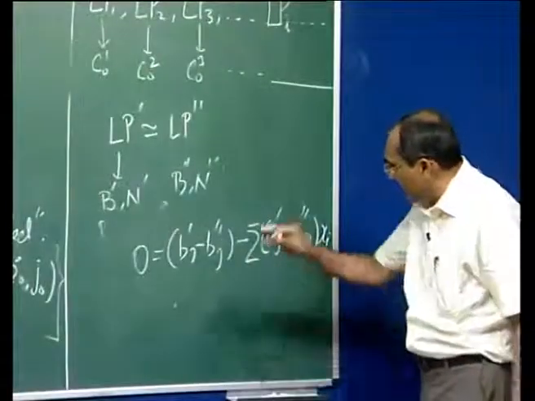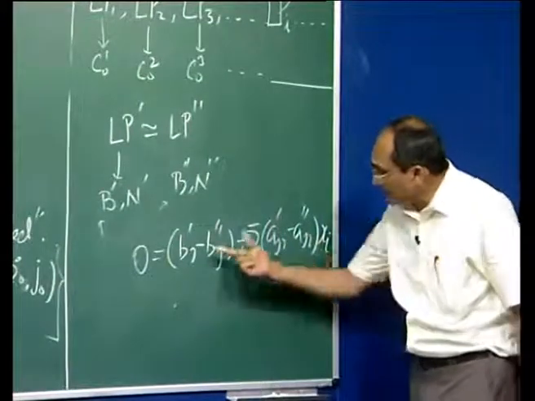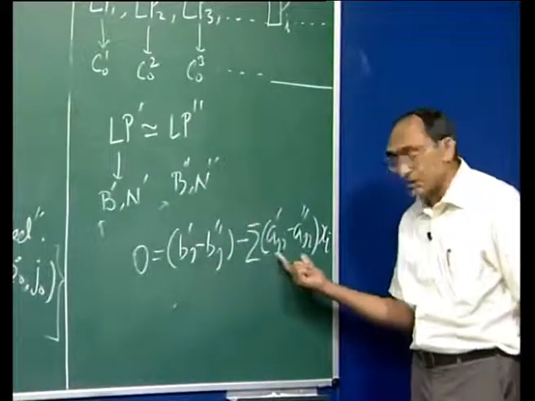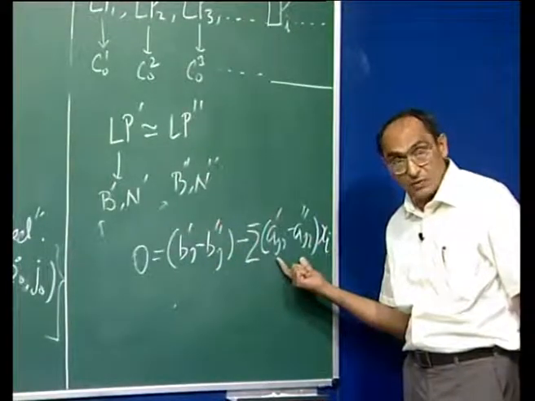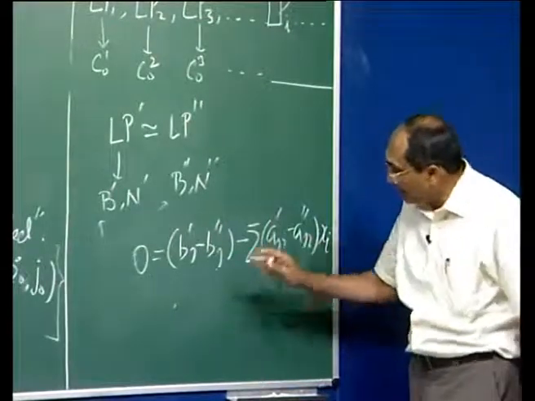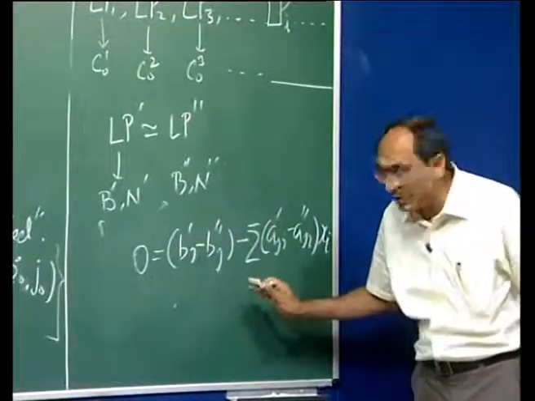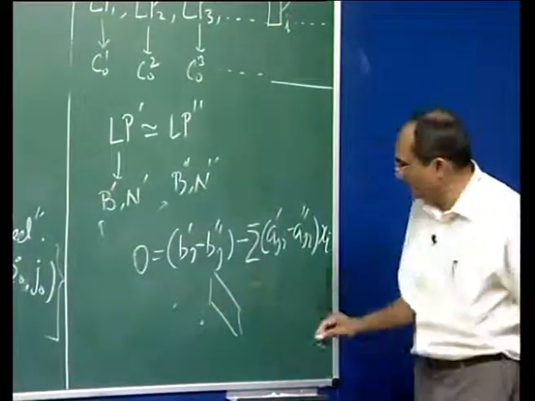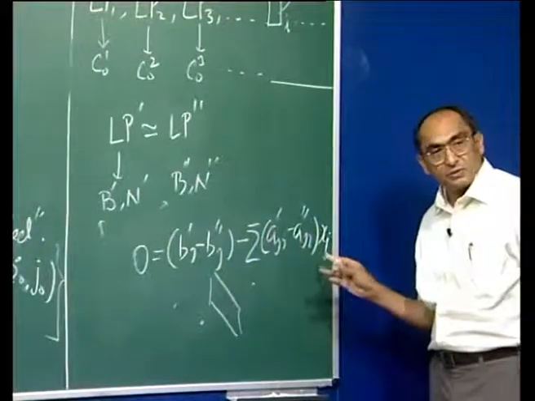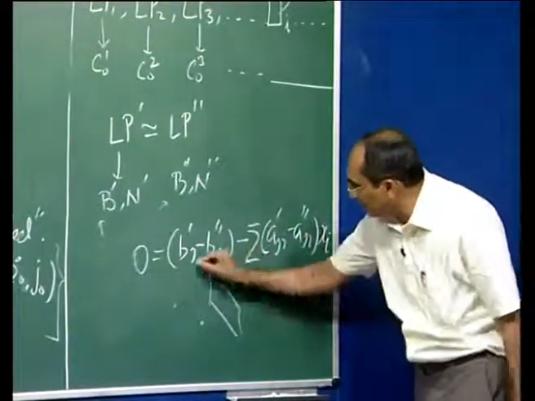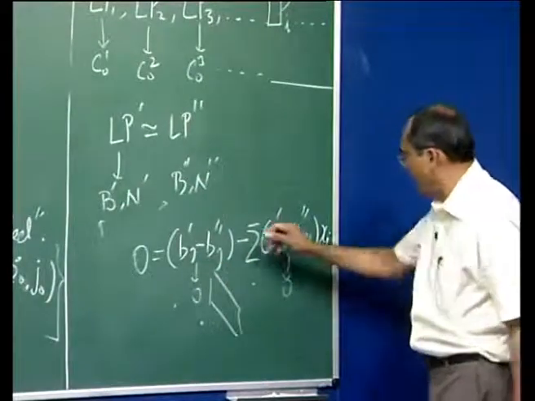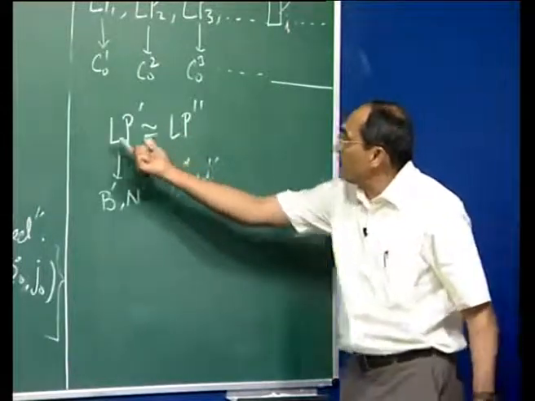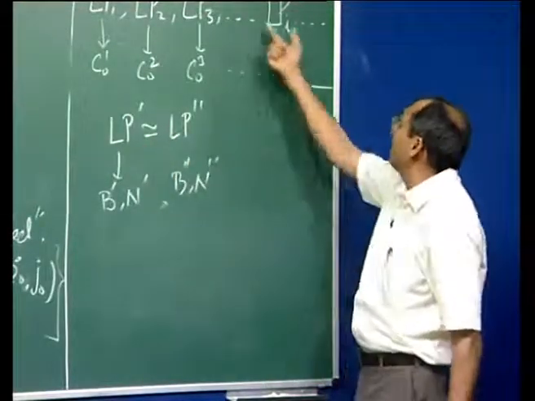Well, this is an equation of a half plane, and it can be satisfied only if it is trivial, that is, if all these coefficients are 0. If they are not all 0, then this is a half plane, and that can be 0 only on the plane. If you are out of the plane, here or here, this cannot add up to 0. Hence, we know that this is 0 and this is 0 for every value of j. In that case, we conclude that the two linear programs are identical and they are just reoccurring.